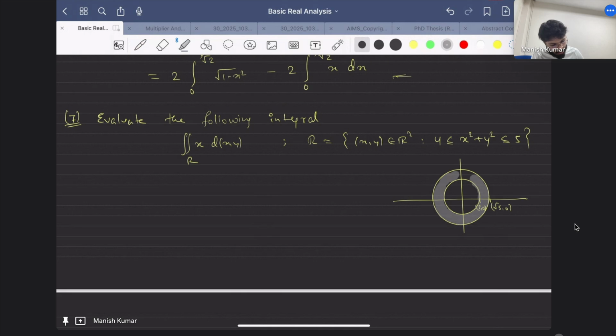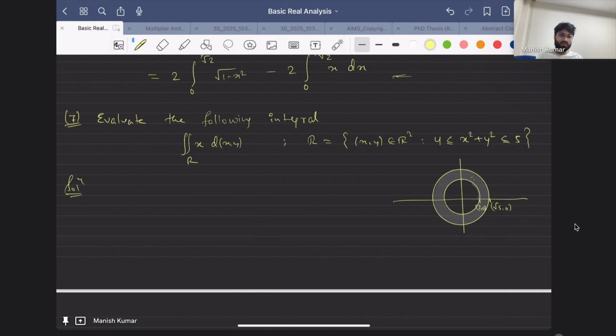Find this area of integral in the first quadrant, sir. Then 4 times it will be the whole area. Okay, so that is also true. So you are saying let's evaluate the integral just on this one. Is it correct?